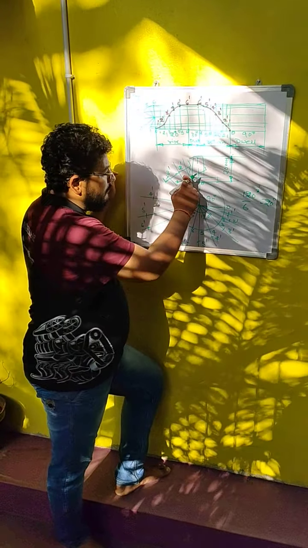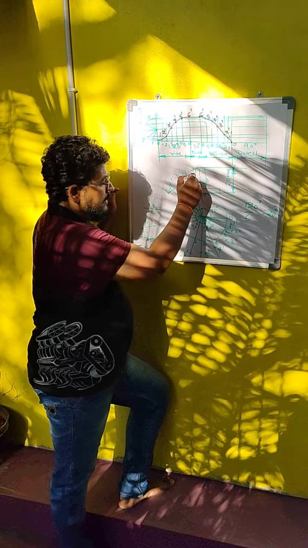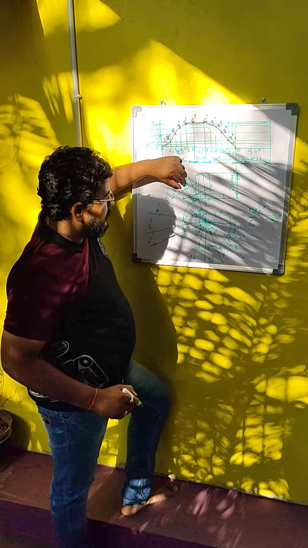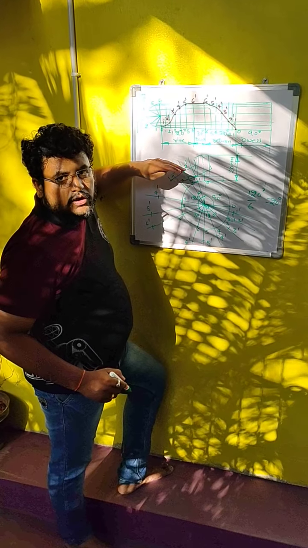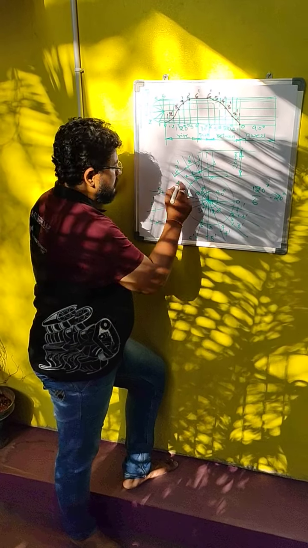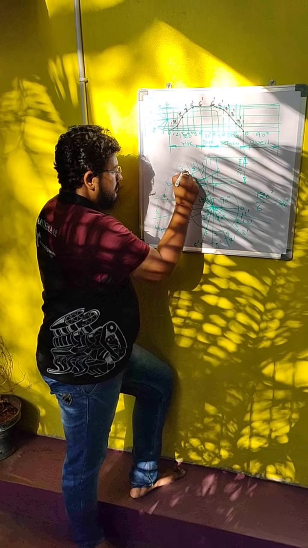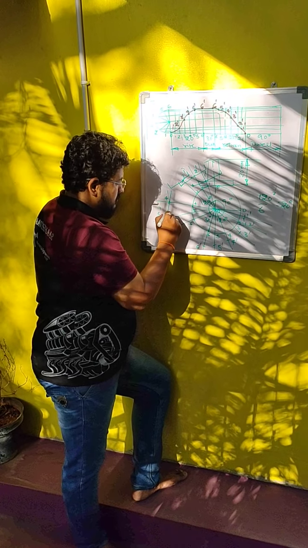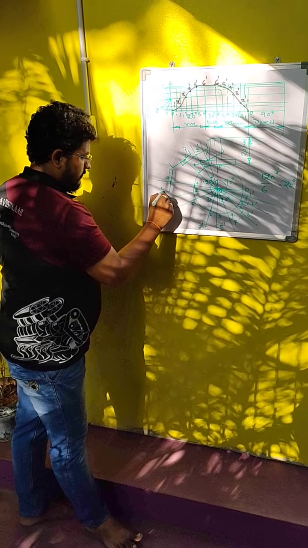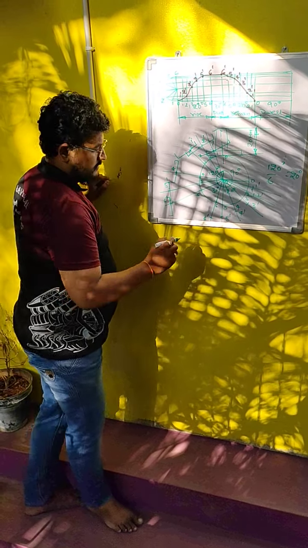Likewise, for each and every line, suppose this line which is drawn from, let us assume this as 0, 0, 1, the line which is drawn from 0, 1, on that line you have already marked the point 1 dash, 2 dash, 3 dash. For that particular line, you have to draw the perpendicular line. Perpendicular in the sense the angle should be of 90 degrees. And from 3 dash, from 4 dash, 5 dash, 6.